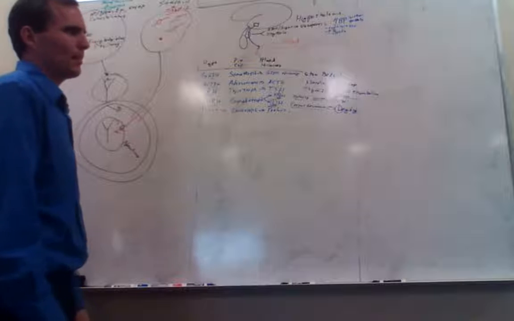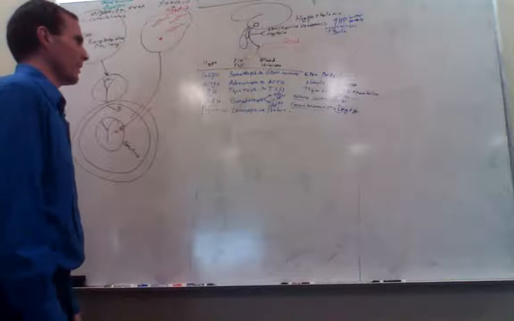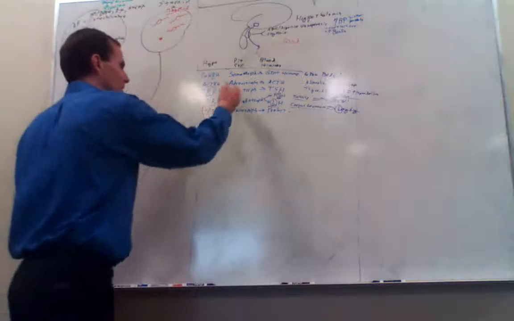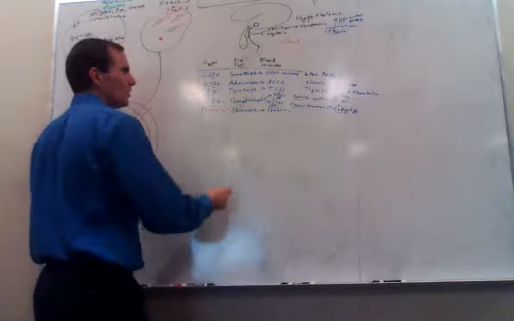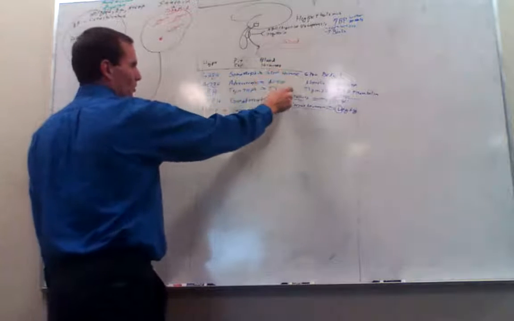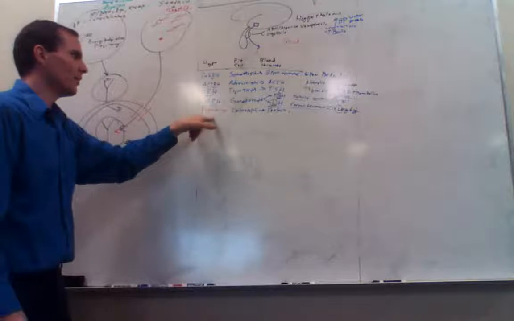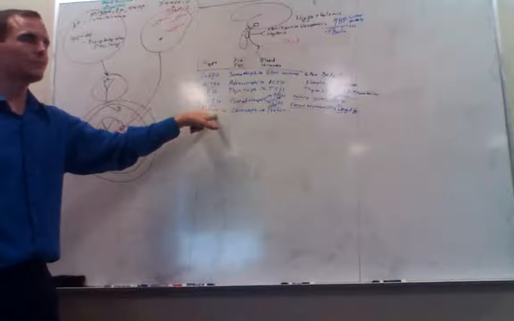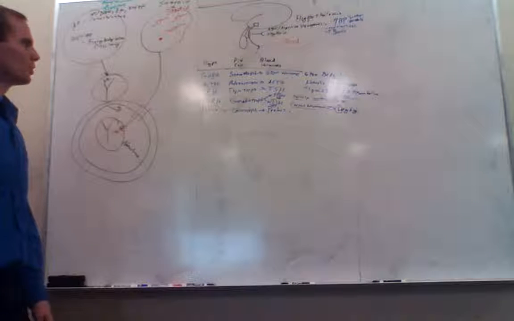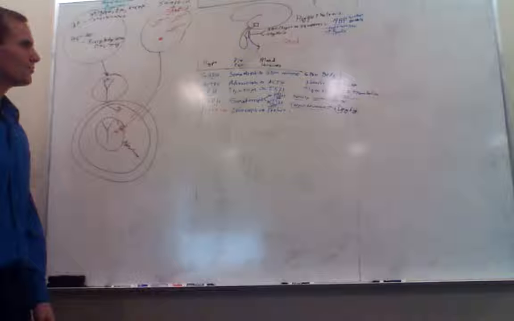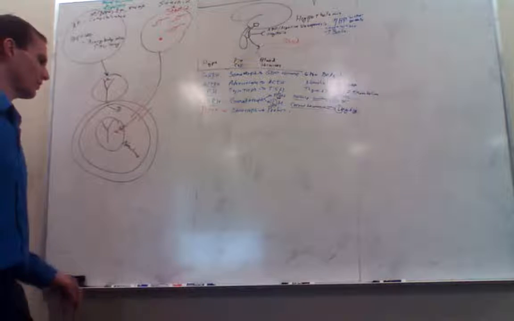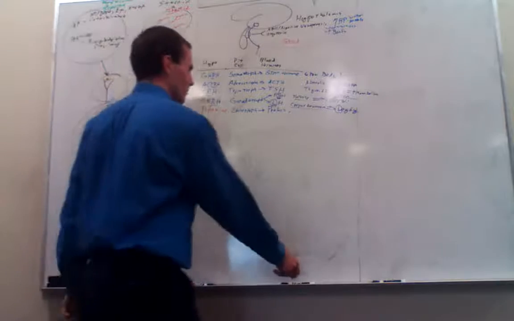Honestly, that's how I remembered the cells. I didn't do a fancy memory trick for those because it's kind of built in. Lacto, lactation. And then for the hormone that's not stimulating but inhibiting, that's dopamine.